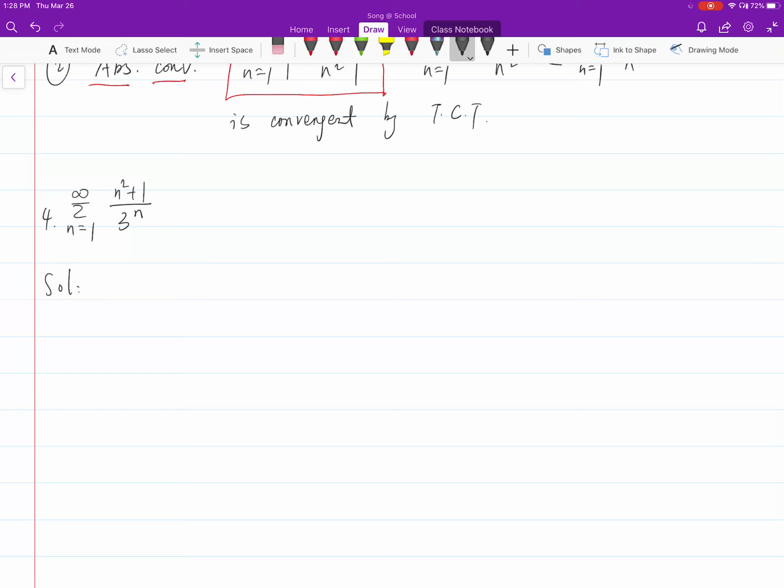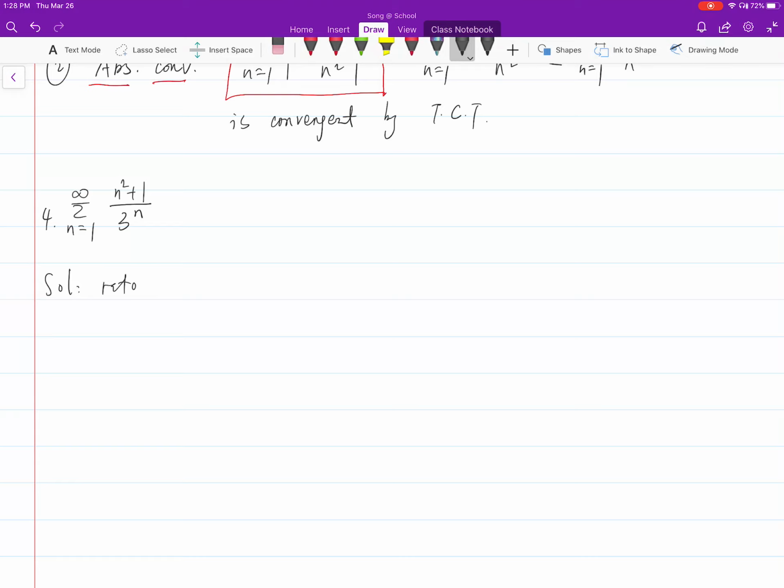Well, it's always positive. Integral test, maybe not. Comparison test, maybe, maybe not. We really don't know. For the test of divergence, you can easily see the bottom, 3 to the n, dominates the top, so this limit is going to go to 0. So it's not divergent right away.